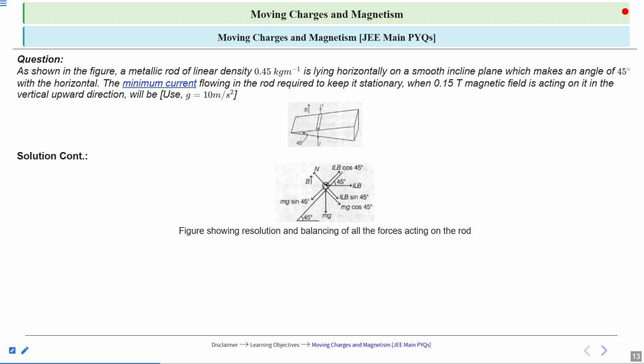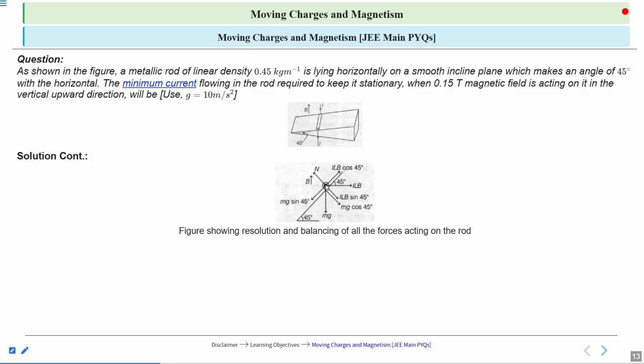This is the normal force acting perpendicular to the plane. This normal force is balancing these two forces, ILB sin 45 degrees and mg cos 45 degrees. But we are not concerned with that. We have to find the minimum current, so we will balance these components.